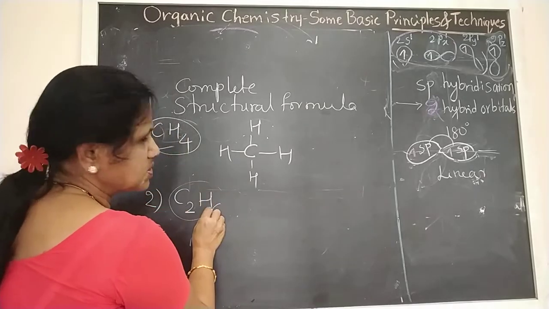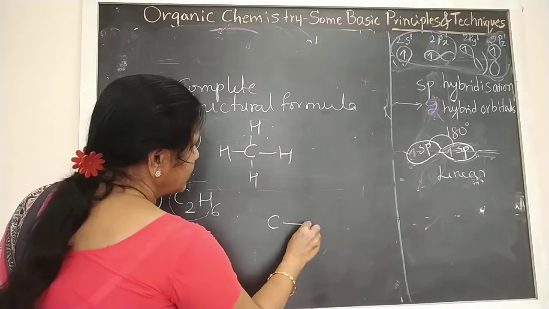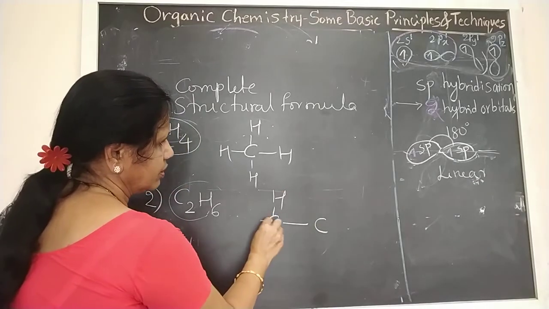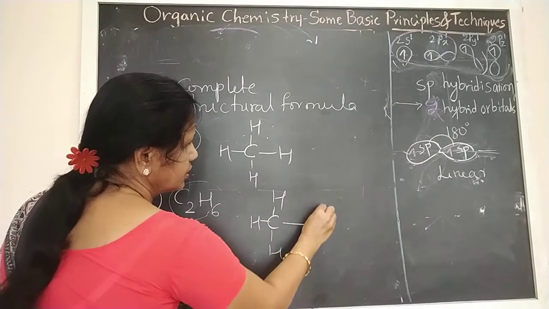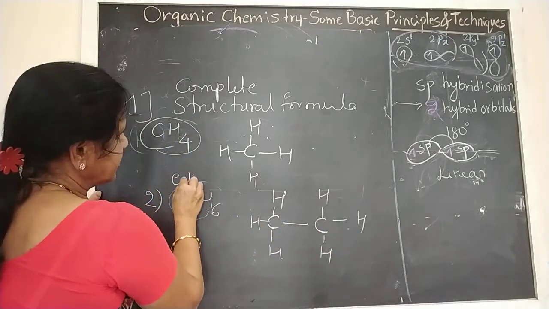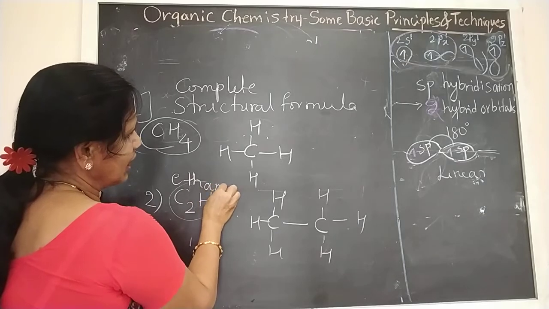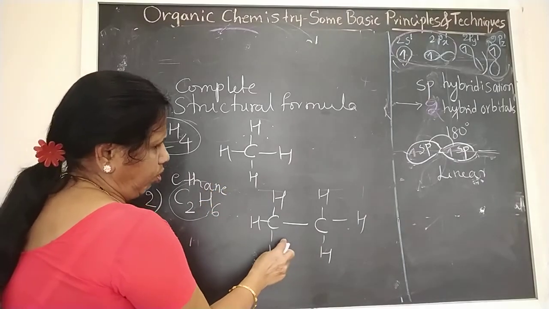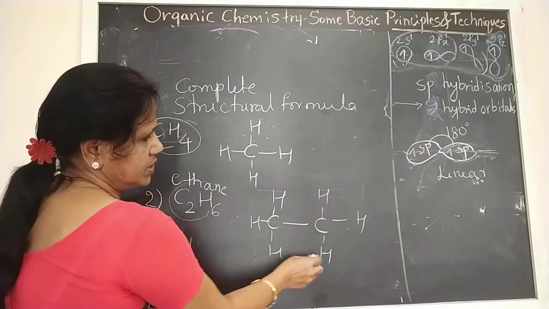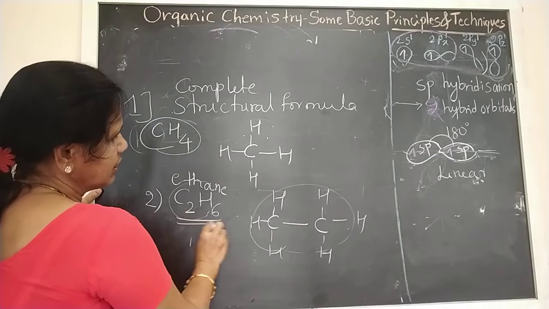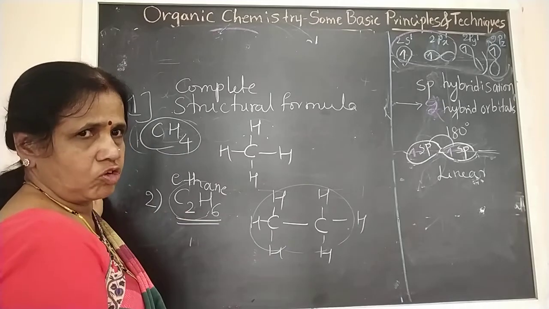Complete means C2 with H6, H. This is ethane, the second member of the alkanes. C2H6 is the condensed structural formula.